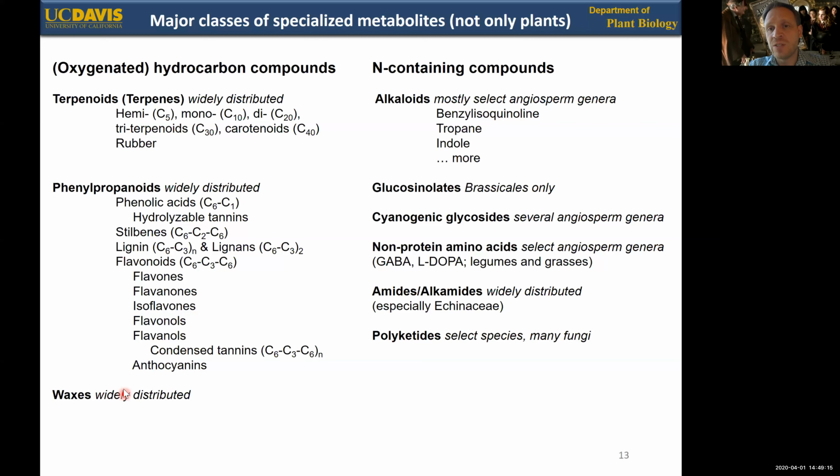They are really limited to the angiosperms. As far as I know, no alkaloids have yet been found in gymnosperms or other related species. So they have just evolved more recently.